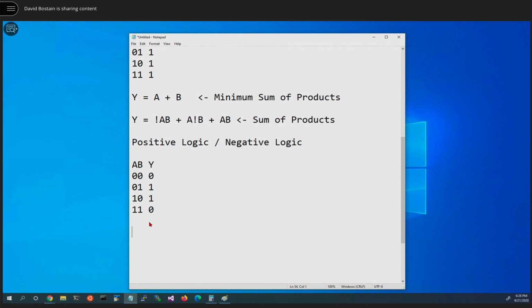We don't care if it's a minimum right now. We're just going to write it out. Y is equal to not A B or A not B. Notice it's very similar to the first part of the regular OR. The only difference is the OR also says if both of them are a 1, we want to capture them.